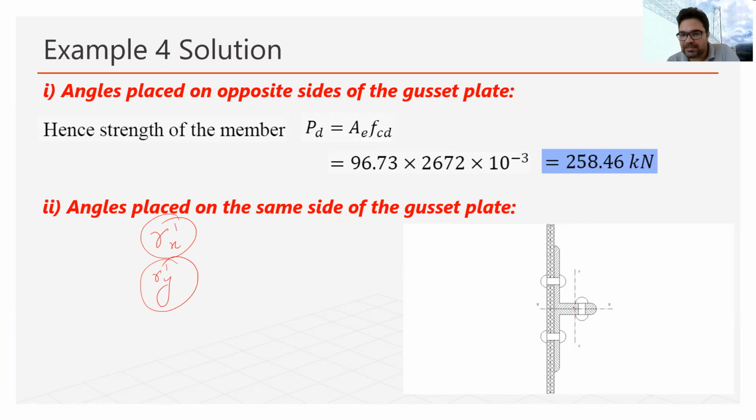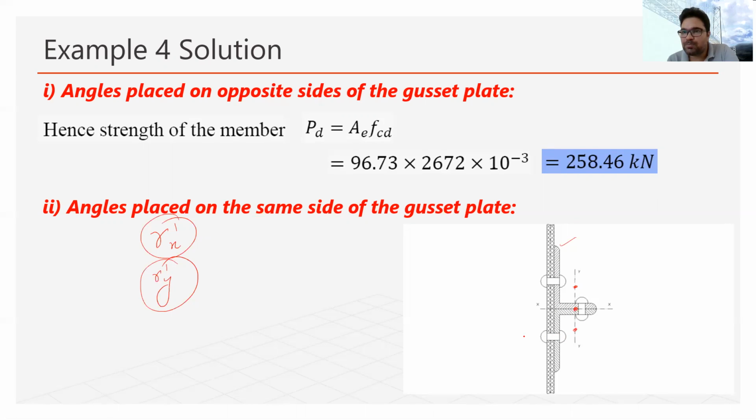So again, you can see the CG of this upper angle will be approximately here. Okay, so CG of this angle will be here. Similarly, the CG of the whole assembly, both angles and the gusset, will be here, and the CG of the lower angle will be in the same line like this one.